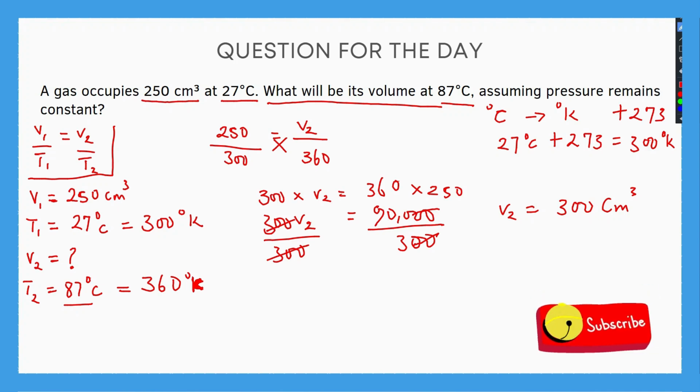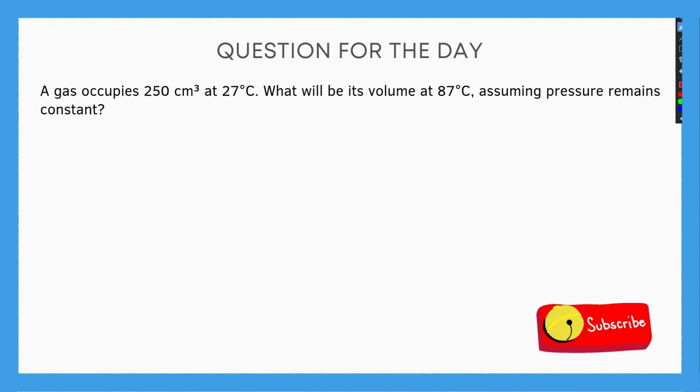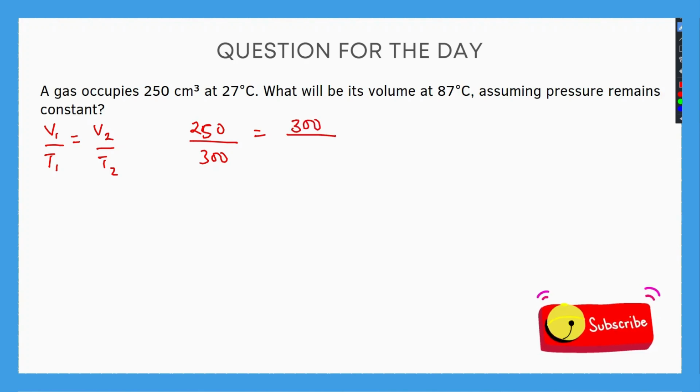Now let's do a bit of math to confirm if our answer is correct. Remember, as far as Charles' law is concerned, V1 over T1 will be equal to V2 over T2. V1 is 250 divided by T1, which is 300. Will it be equal to V2? We've calculated V2 to be 300, and T2 is 360.